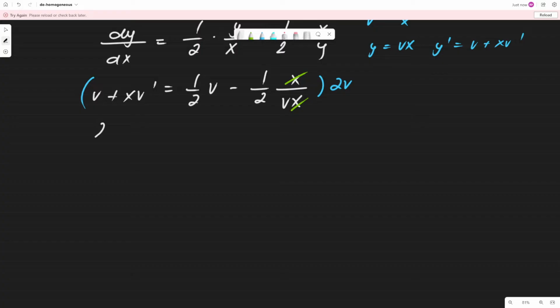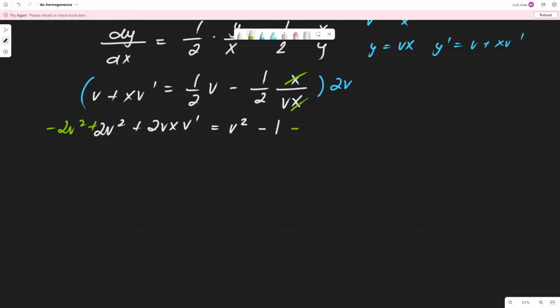So we have 2v squared plus 2vxv prime is equal to v squared, kasi 1/2 v times 2v is equal to v squared, minus v over v is 1. So v squared minus 1. Okay, so ayan na. So we can now simplify. Lipat lang natin yung 2v squared sa kabila, so magma-minus ako ng 2v squared.